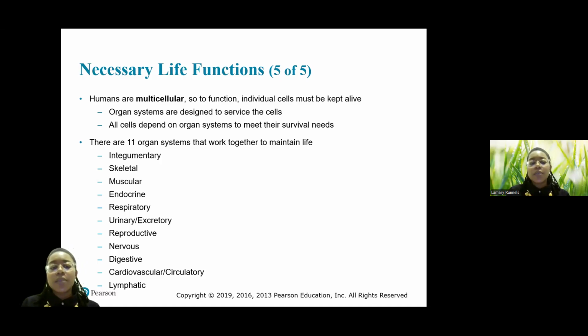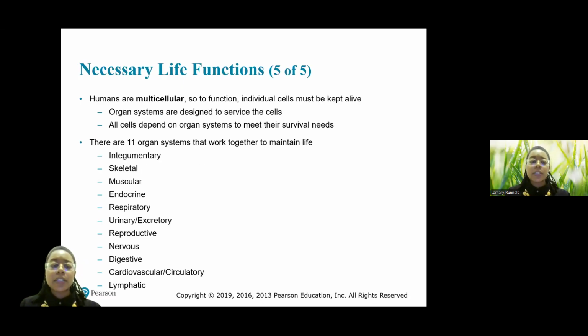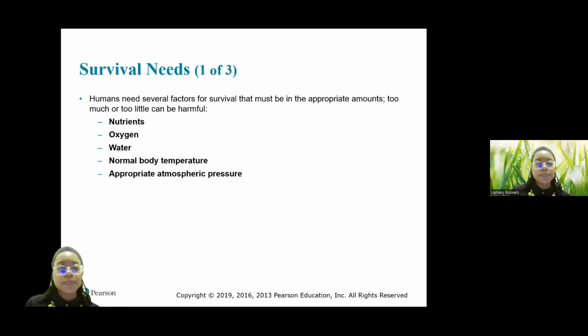You also have your nervous system, your digestive system, as well as cardiovascular, which I will sometimes say circulatory system. I use those interchangeably. And then finally, the lymphatic system. We'll go over all those systems more in depth later on in the semester, or in these 8 weeks. Some of these systems are actually not mentioned in A&P 1; you get to those in A&P 2.